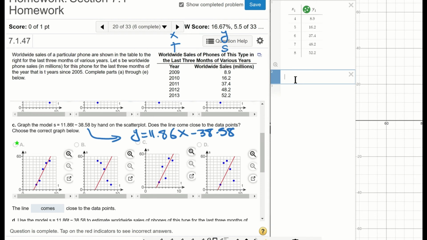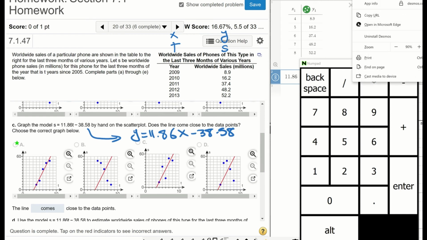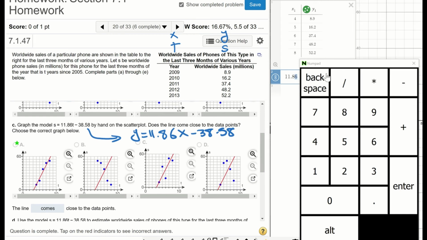All right, so here we will type 11.86 X minus 38.58.